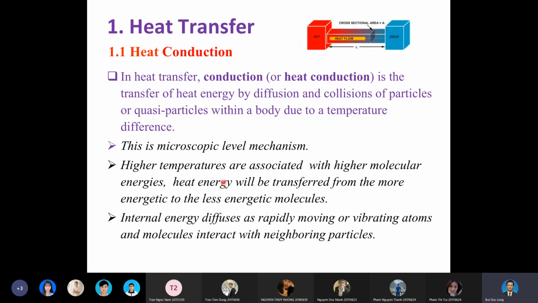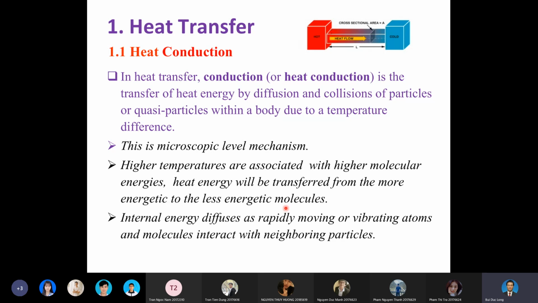Heat energy will be transferred from the more energetic to the less energetic molecules. So this is the mechanism of heat transfer.